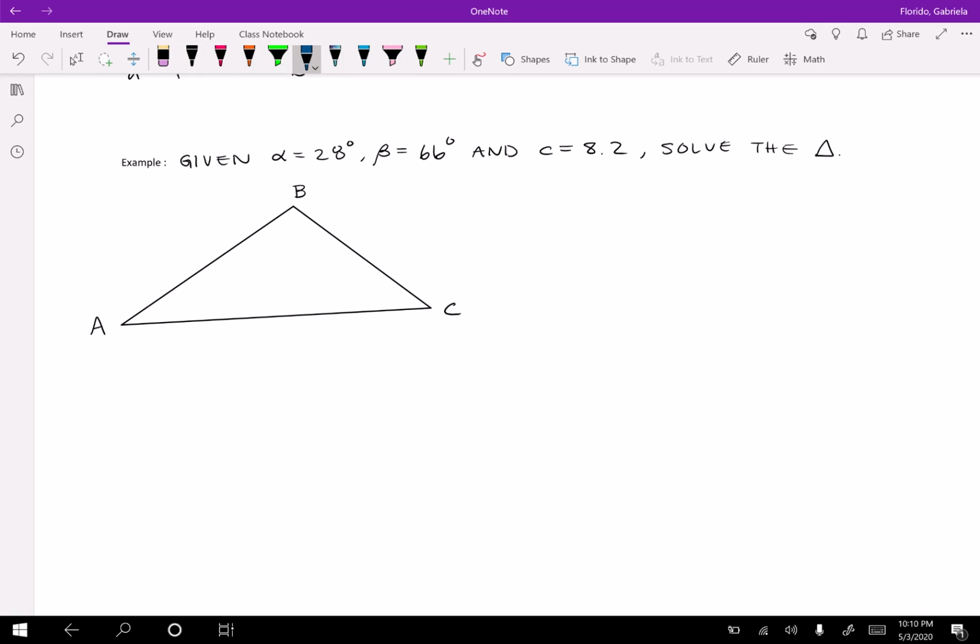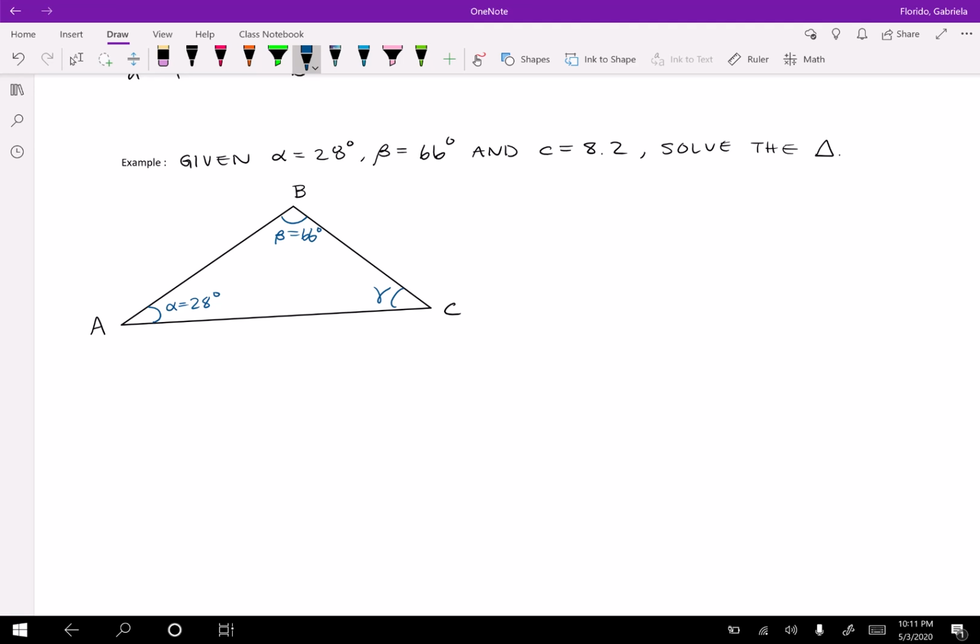so let me do it in a different color. This is going to be alpha is equal to 28 degrees. We know that beta is 66. And we don't know gamma, so we're going to have to look for gamma. But hopefully we have enough parts to figure out gamma.